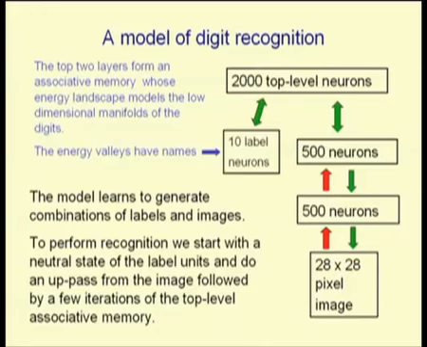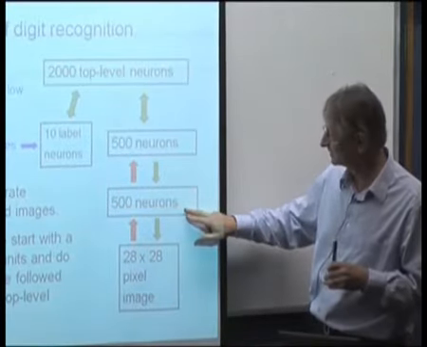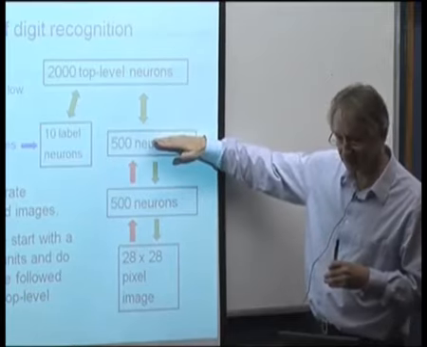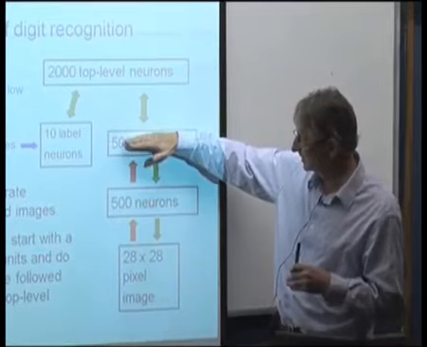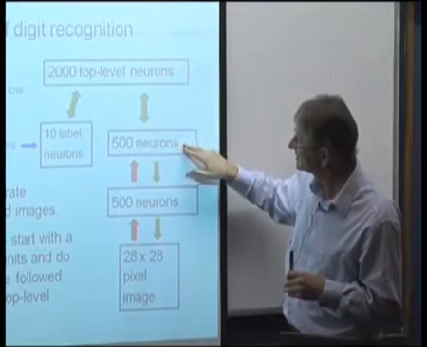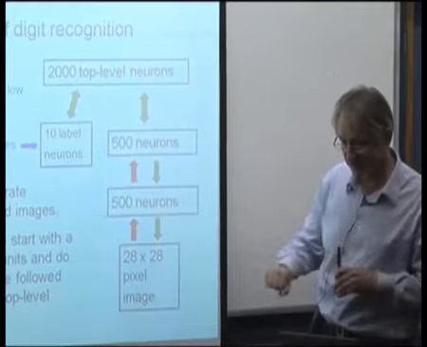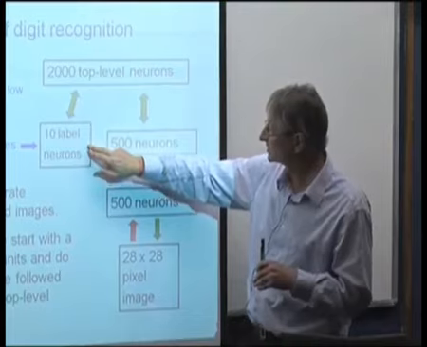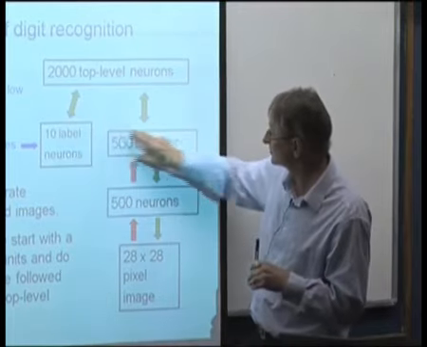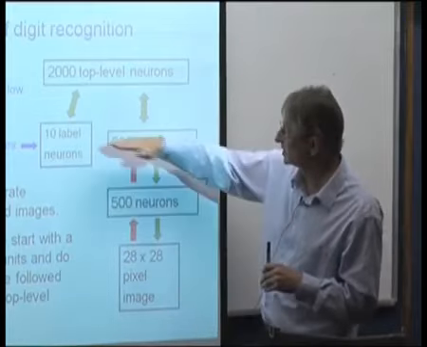We're going to first learn 500 binary neurons. We're then going to take the probabilities of activations of those neurons as data, and we're going to learn another 500 binary neurons. We're then going to take these probabilities as data, and we're going to learn a top layer of 2,000 neurons, but for this data we're going to concatenate it with 10 mutually exclusive neurons, called a softmax, a multinomial thing, so we have a 510 dimensional vector here, where one of these is on, and we're going to learn a model of that.